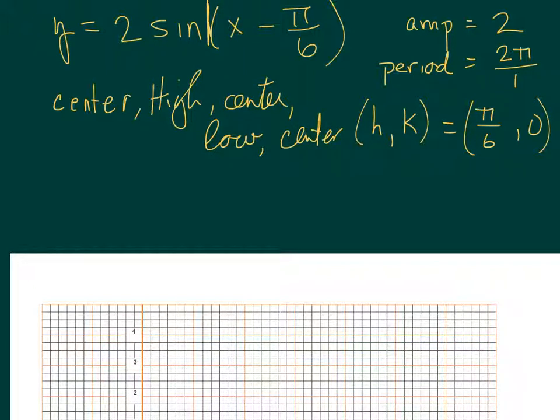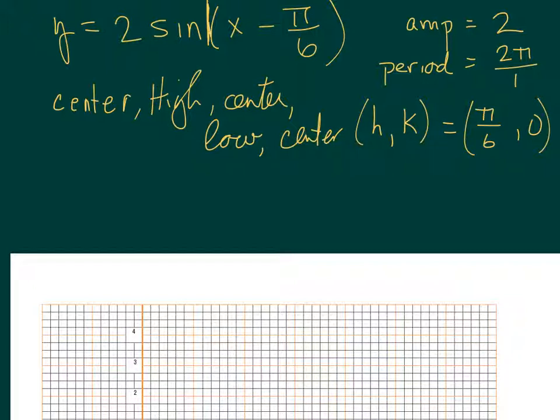So center, high, center, low, center is the shape of a basic sine graph. So in order to find those places where the graph is on the center line, the highest point, center line, lowest point, center line, we essentially are going to be solving 5 little linear equations.